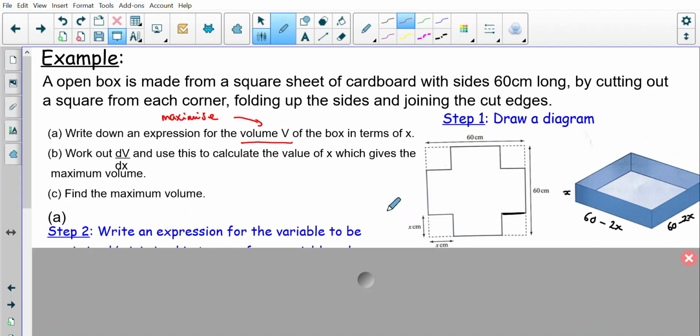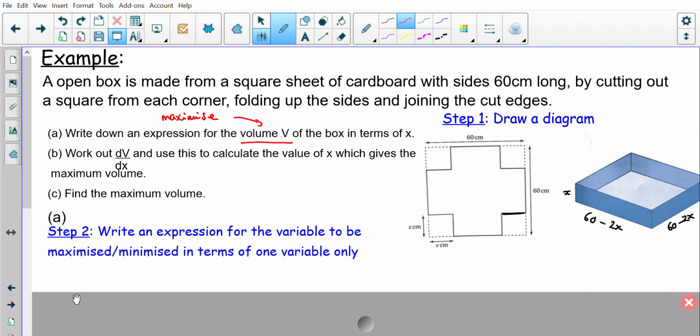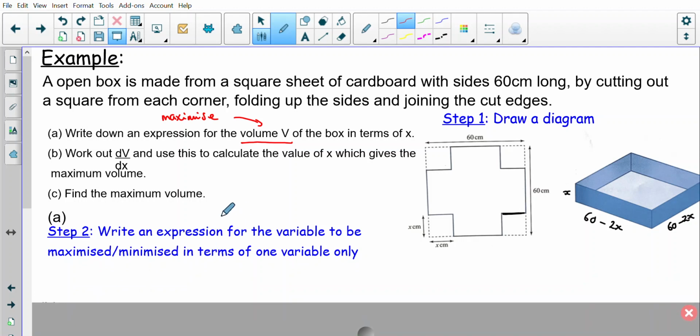So draw the diagram if you're not given one. The next thing we need to do is write an expression for the variable that needs to be maximised or minimised, in this case the volume, in terms of one variable only. That doesn't come into this example, but it will come in the next example. So let's start by writing our expression for the volume of the box.